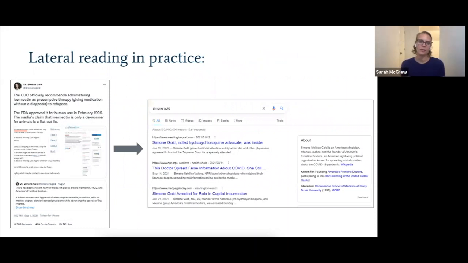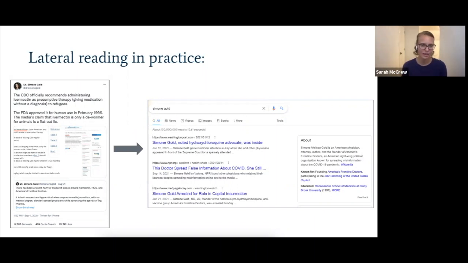So we're going to continue to focus on lateral reading and consider what it could look like in practice. So here's a social media post about a very current controversy of ivermectin. And we can see this tweet from Simone Gold, who, if you didn't recognize her off the bat, you could get distracted by her claims, by the screenshots and evidence that she posts, and get sort of taken in by the post itself.